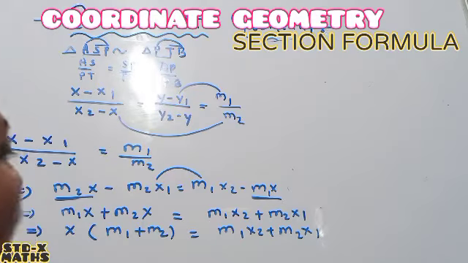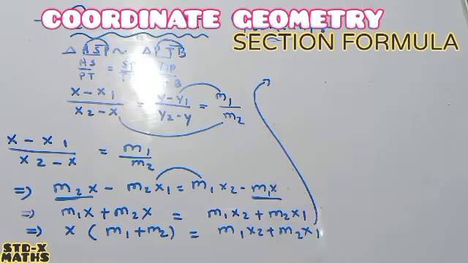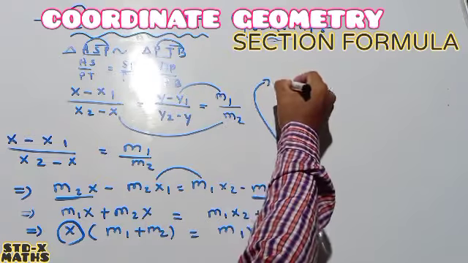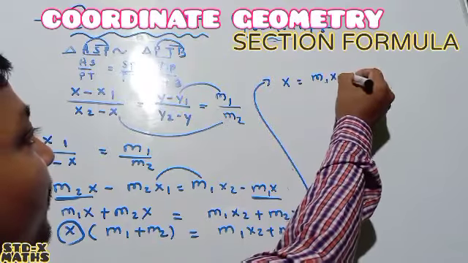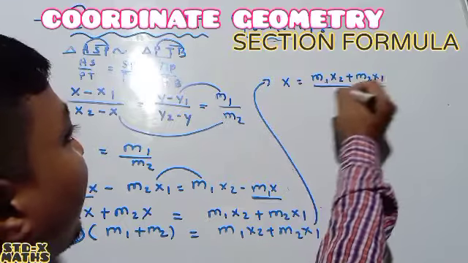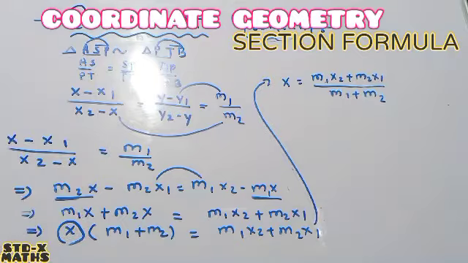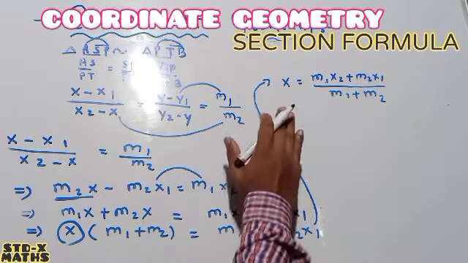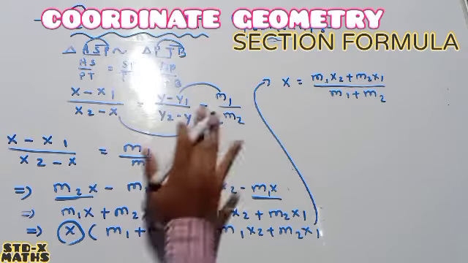Next step: I want x, so x is equal to M1 x2 plus M2 x1 divided by M1 plus M2. Understood perfectly? So I have got the value of the x coordinate by comparing these two.